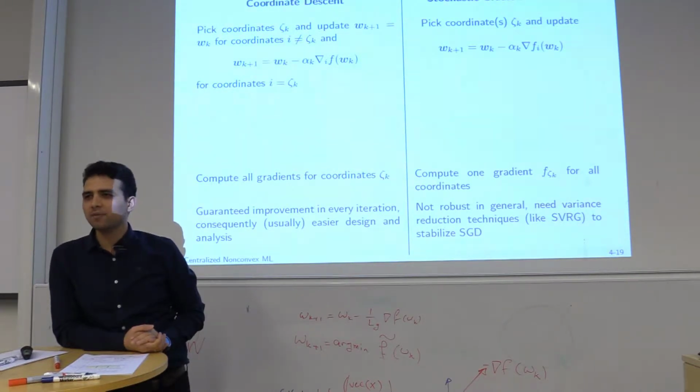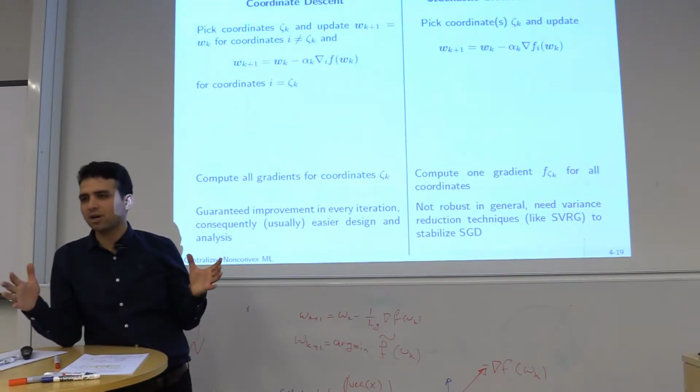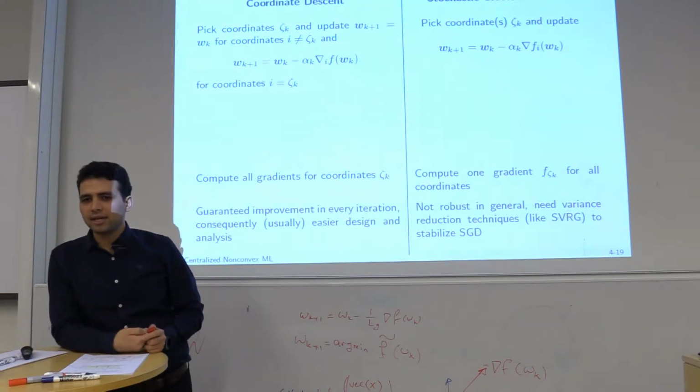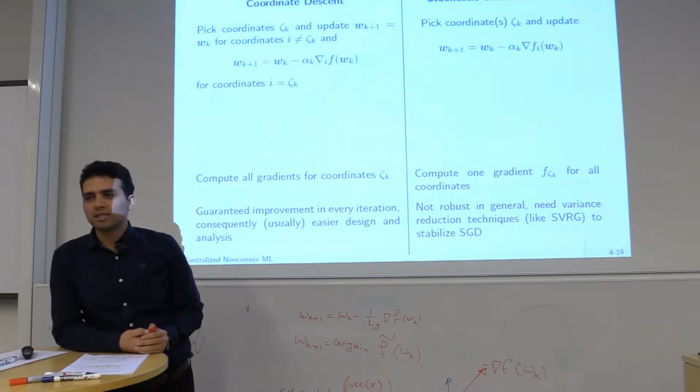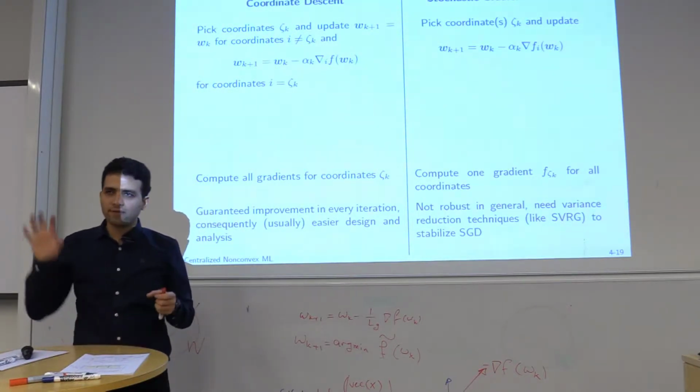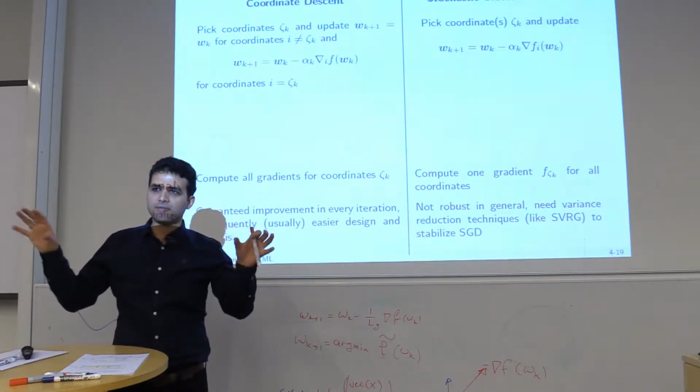Because sometimes you cannot ask the oracle to give you the gradient with respect to one coordinate. Sometimes the only thing you can say is, just give me one gradient. Of course, it depends on the structure and how you can obtain the gradients. But sometimes you can only say how many gradients you want, and that's it. Just imagine, for instance, a decentralized or distributed optimization where f1 and f2 are on different nodes.